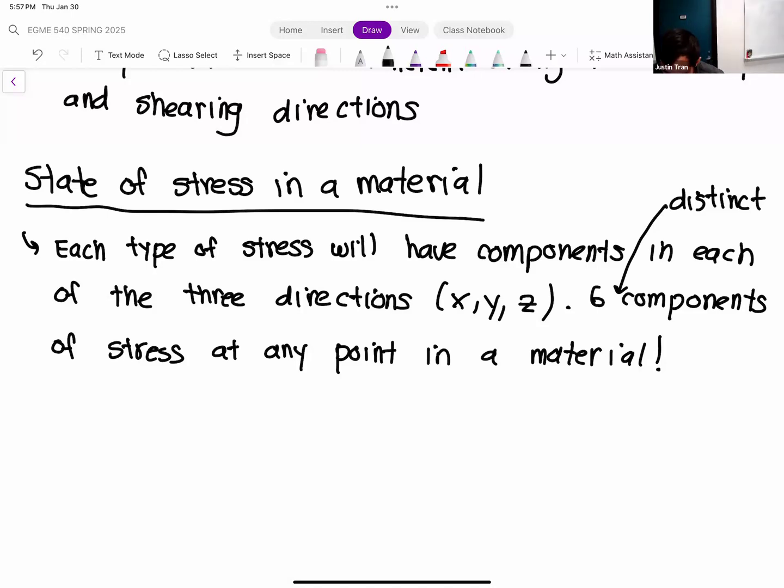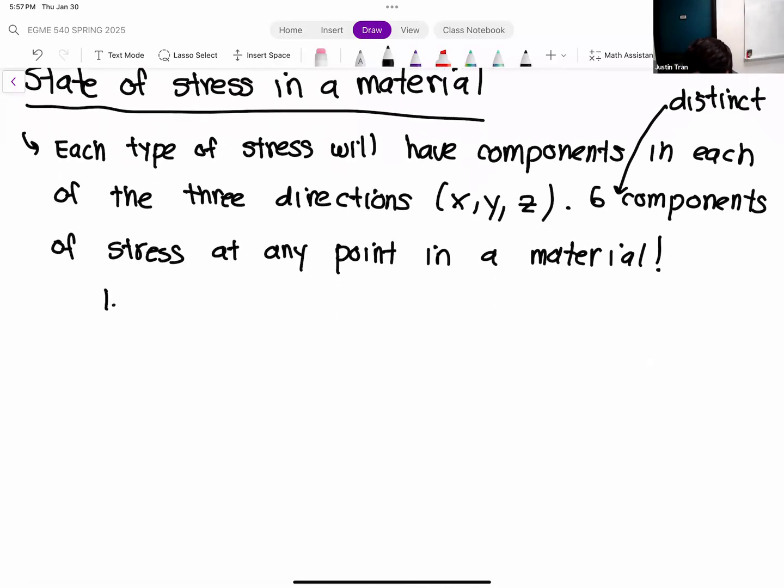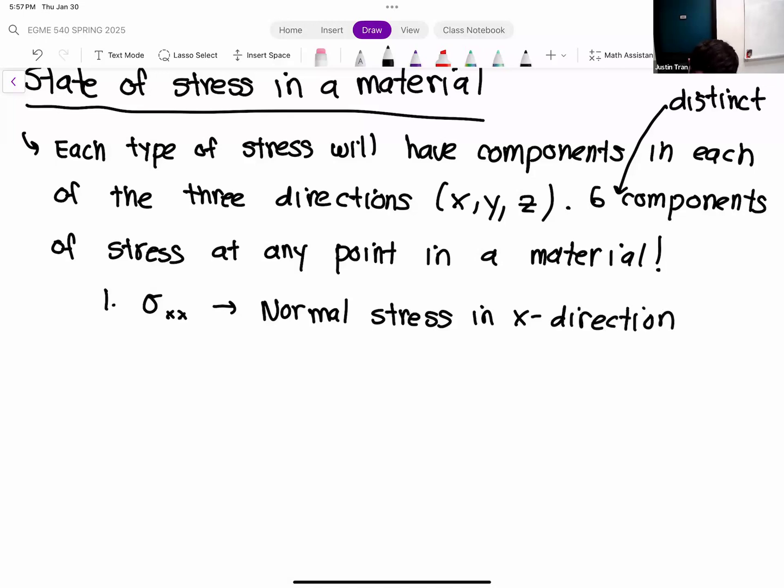Okay, so let's go through the 6 components of stress. On the one hand, we have sigma xx. This is what we call the normal stress in the x direction. We have sigma yy. This is normal stress in the y direction.